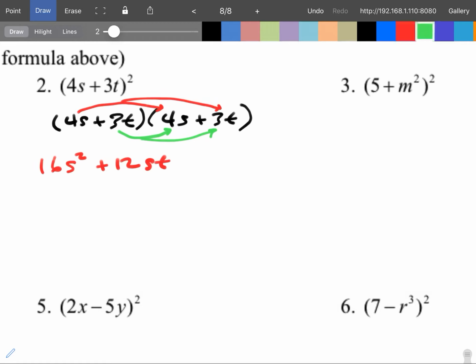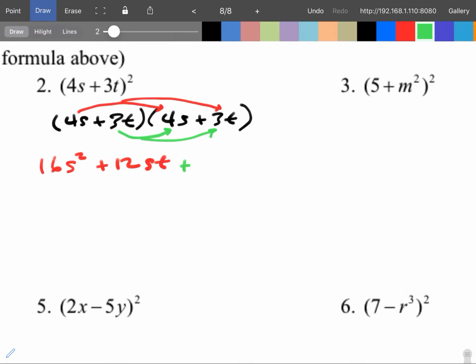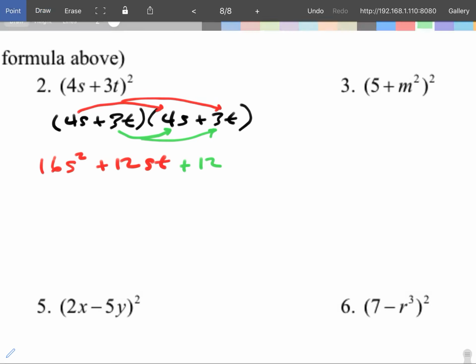All right. Then we got to do the green part. We're going to do a positive 3t times a positive 4s. So what's 3 times 4? That's 12 again.